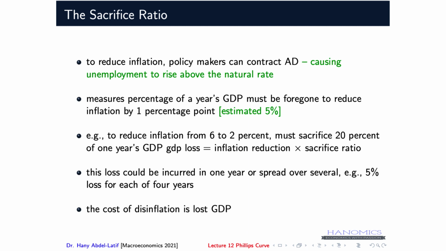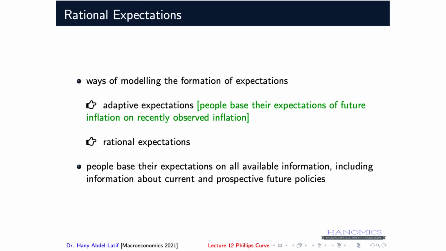Moving from here, I'm just going to conclude with this, as I said before. On the expectations formation mechanism, we talked about adaptive expectations, if you remember. People form their expectations of future inflation based on recently observed inflation, but this is not the only way.